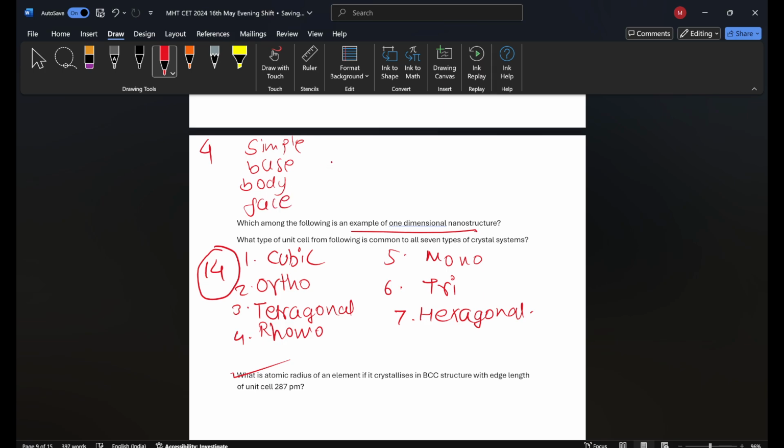Only one has all. There is one system which has 3 of them, there are 2 systems which have 2 of them, and then there are 3 systems which have one each. So do let me know in the comments. The question I again repeat to you: which among the following crystal systems has all the types of lattices? I hope I'm clear with the question.